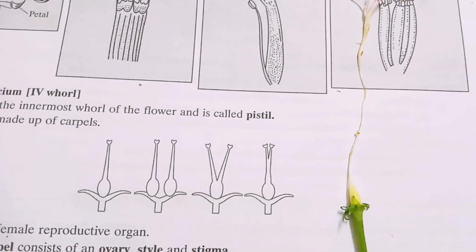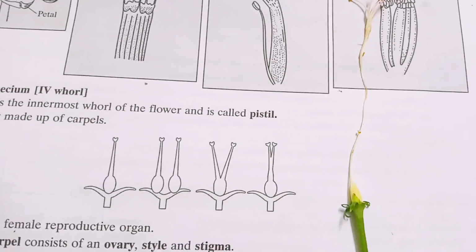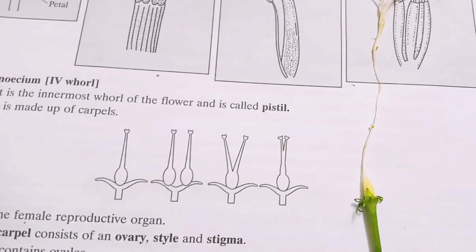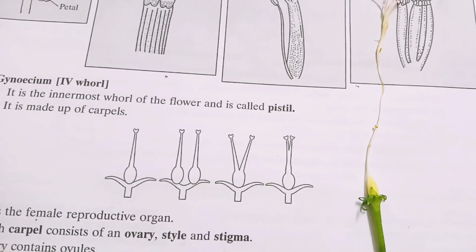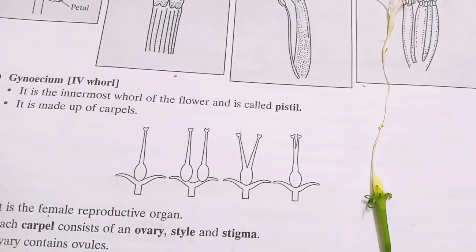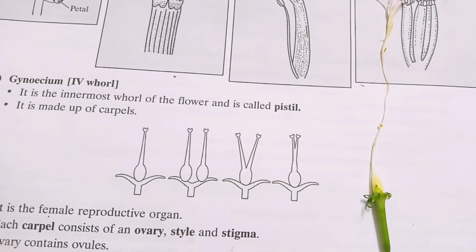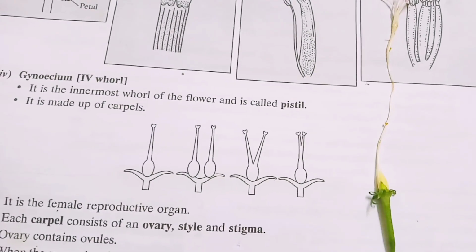Why is it known as the female part? Because ovaries contain ovules, which are the female cells. In androecium we have pollen grains, which contain the male cells. In the gynoecium we have ovaries, in which ovules are present, which are female cells.